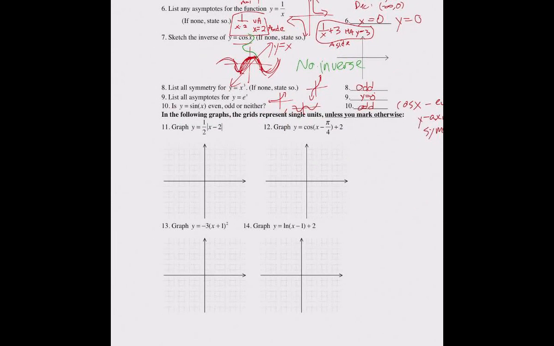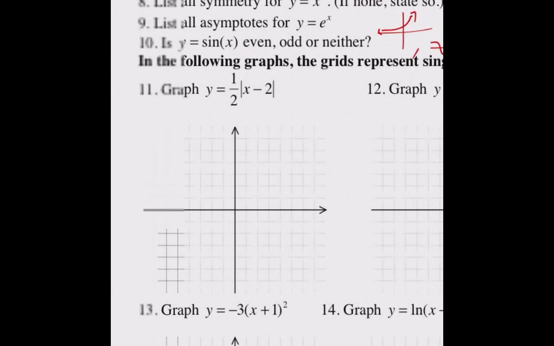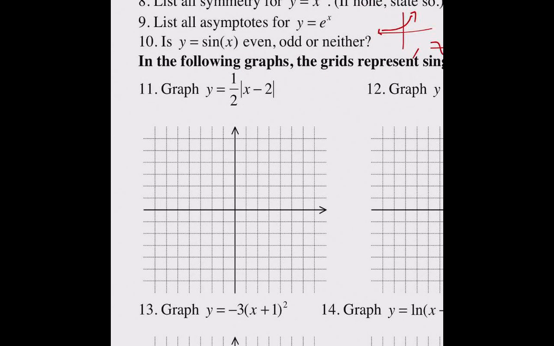There is a graph, and here I'm going to be kind of detailed: 1/2 absolute value of x minus 2. You guys know this is a right shift, I'm sure you're good with that. And then this is a vertical shrink. You want to know what happens. These are transformations. So half as big. I'm going to take this V and move it right 2.